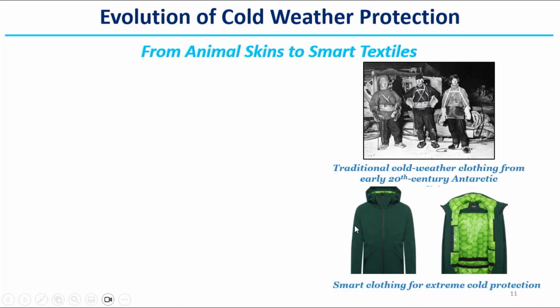Let us try to understand the evolution of how different types of clothing have evolved, starting from animal skin to smart textiles. If we understand this evolution, then we can go for future development.